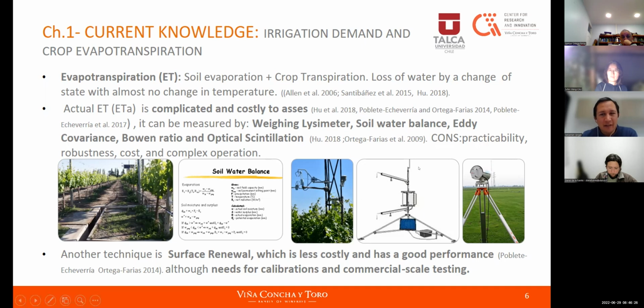Others are more impractical, like lysimeters. Surface renewal is a technique that is way less costly and has pretty good performance, but it needs some things to be fixed: calibrations and commercial scaling testing.